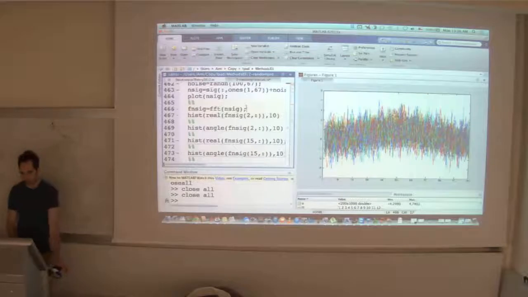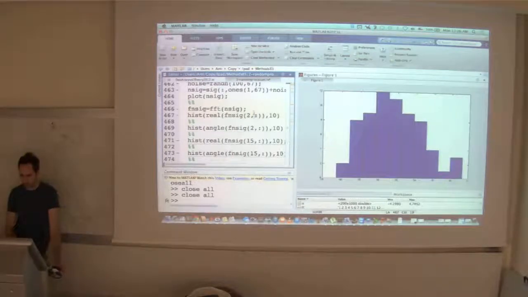So when I look at the histogram of the second entry of all the FFTs, maybe we'll see something interesting, and we can see that the distribution seems Gaussian. It means that in most of the samples, there is energy at a sine of this frequency.